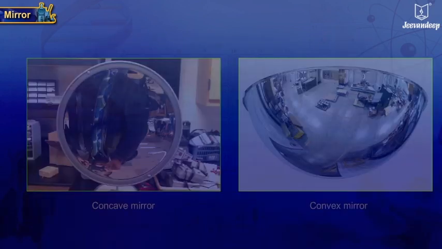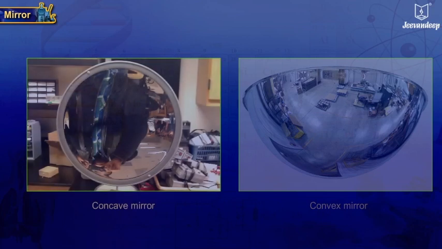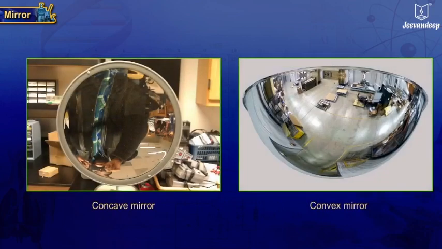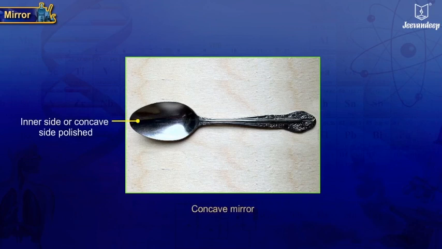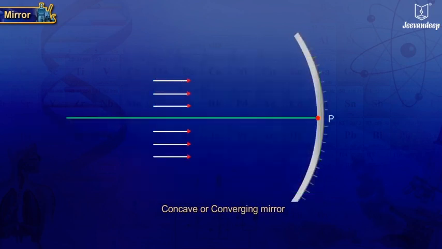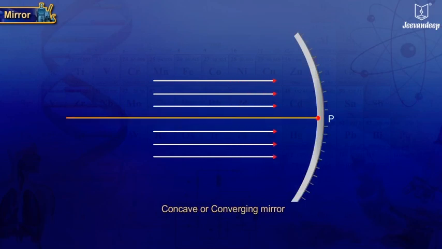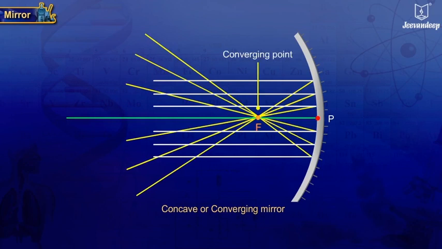Spherical mirrors are of two types: concave and convex. A spherical mirror that has its inner side or concave side polished is called a concave mirror. Concave mirrors are also called converging mirrors, as incident rays of light parallel to the principal axis converge at a single point after reflection.